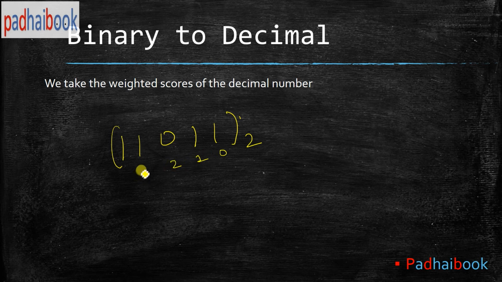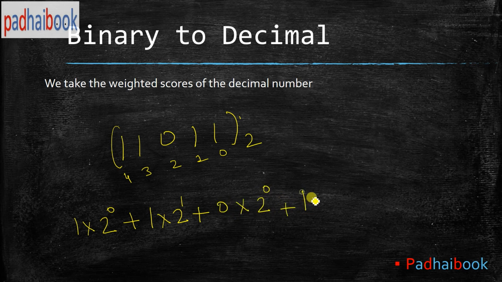So what we do is we multiply 1 by the 0th power of 2, plus 1 multiplied by the first power of 2, then 0 multiplied by 2 to the power 2, plus 1 into 2 to the power 3, and then finally 1 into 2 to the power 4.